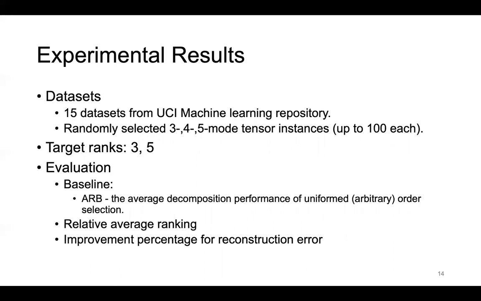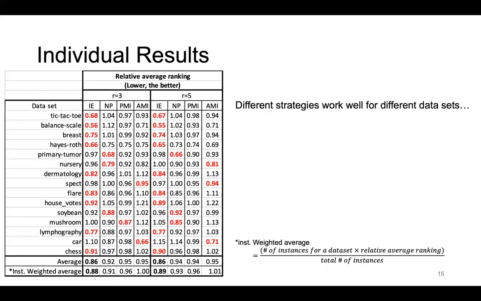So we compare our approach to this ARB selection. So first, we compare the relative average ranking, which is the lower the better. So we list all the results for the individual selection strategies.